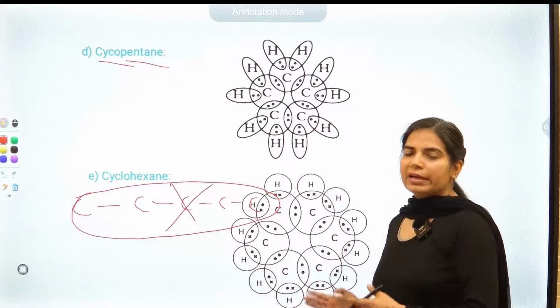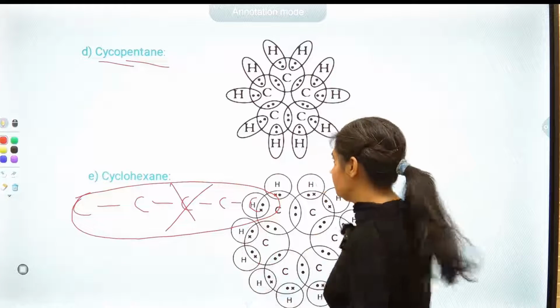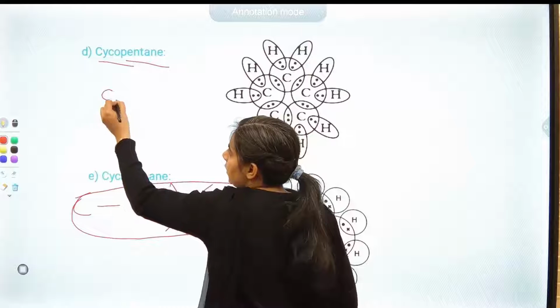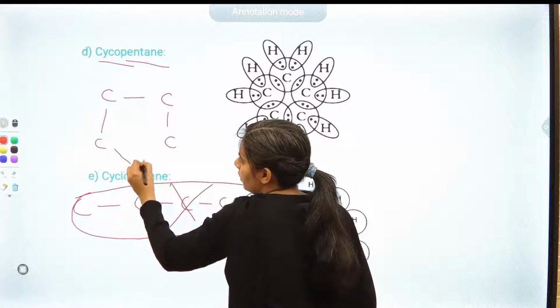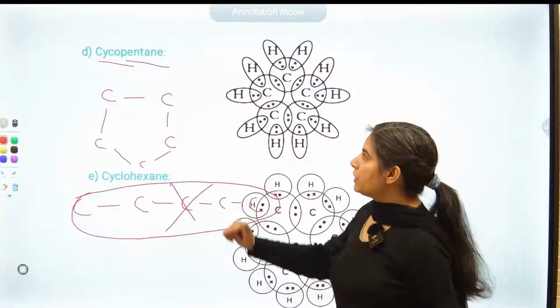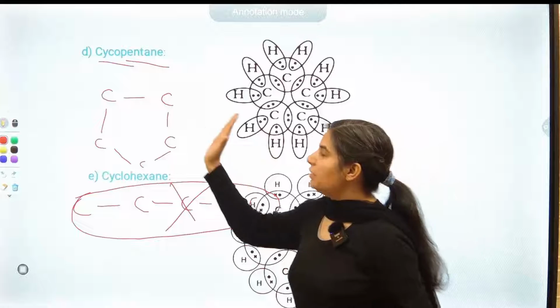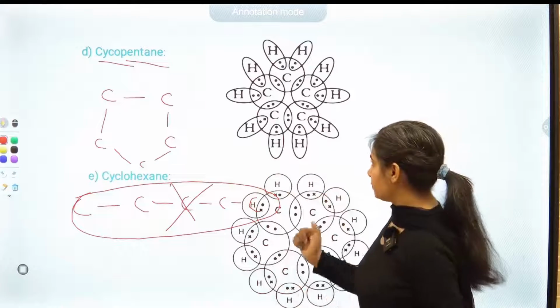We are going to arrange each carbon so that we can get a ring. We can say this is 1 carbon, second, third, fourth and fifth. This is the ring form. So we are going to discuss cyclopentane. It means ring structure of 5 carbon atoms.